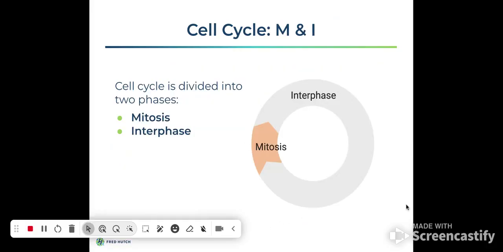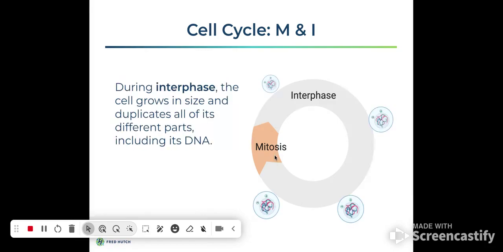So this is the general cell cycle. These are the steps that each cell will go through. Again, it's different for the different types of cells, but they generally go through all of these phases. There are two phases that we'll be looking at, mitosis and interphase.